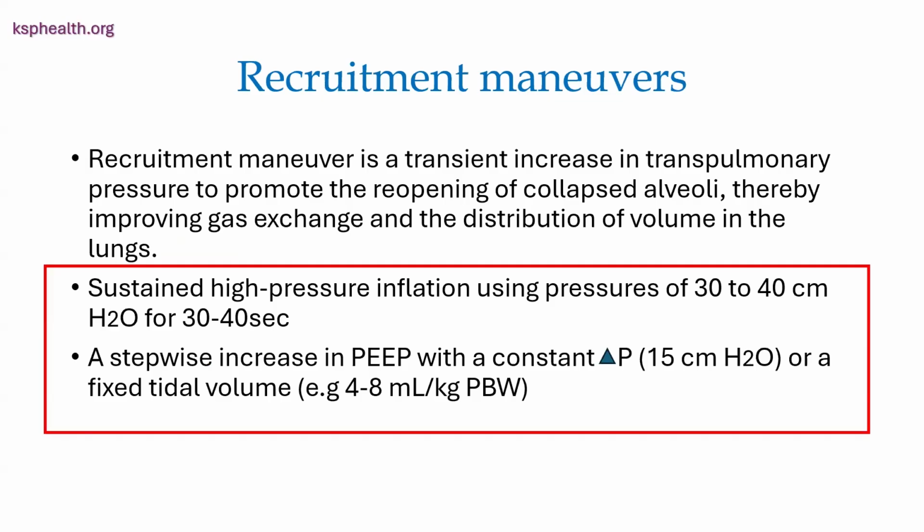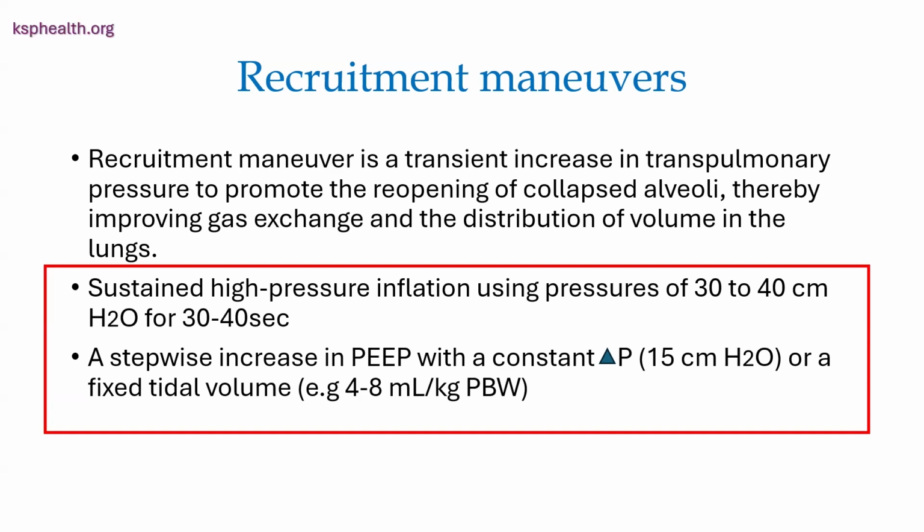The other maneuver we were doing routinely is called recruitment maneuvers. What is a recruitment maneuver? It's a transient increase in transpulmonary pressure to promote reopening of collapsed alveoli, thereby improving gas exchange and the distribution of volume in the lungs. There are two ways we do recruitment maneuvers.